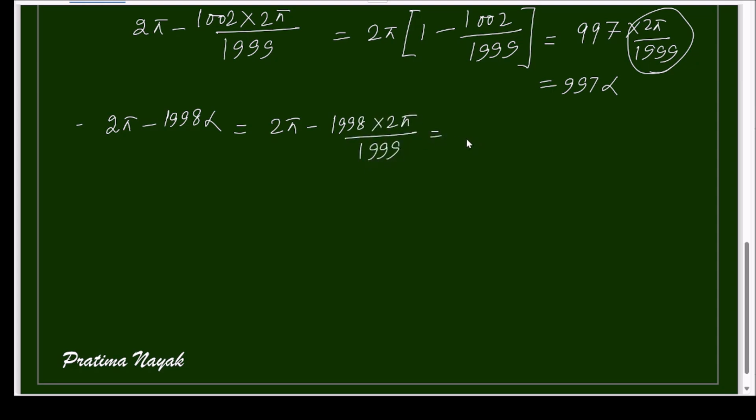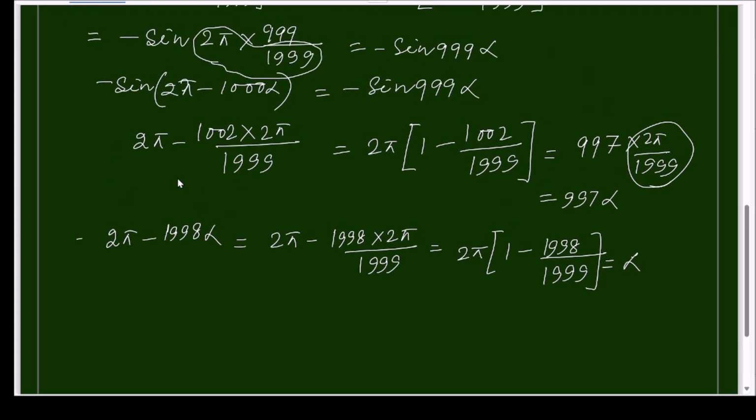So taking 2 pi common, 1 minus 1998 over 1999, that will be, 2 pi, only alpha will be there. So this will be only alpha. So the last term will be negative sine alpha.